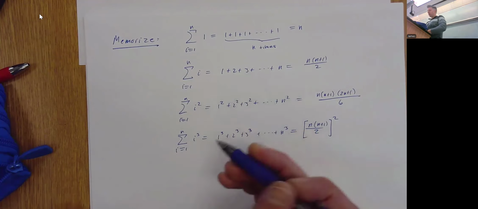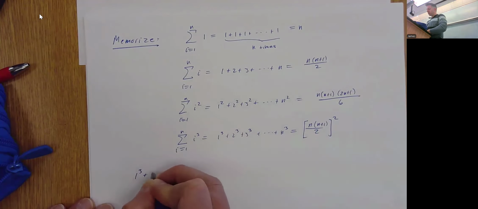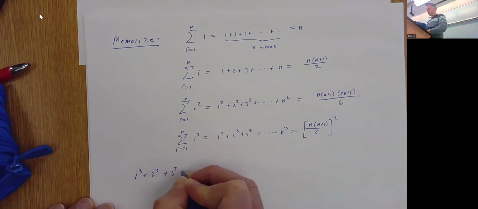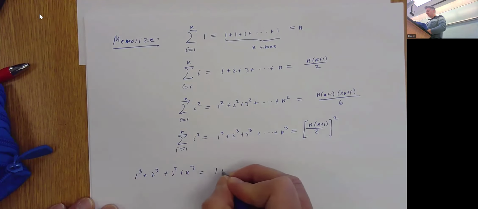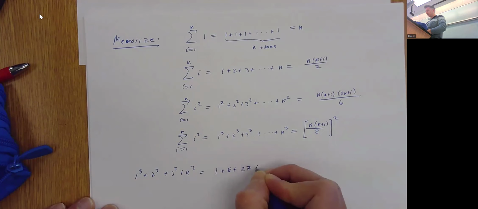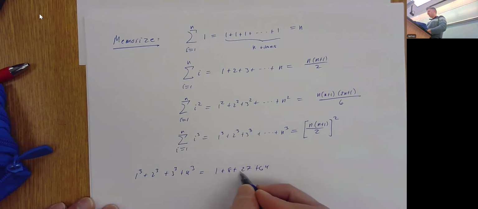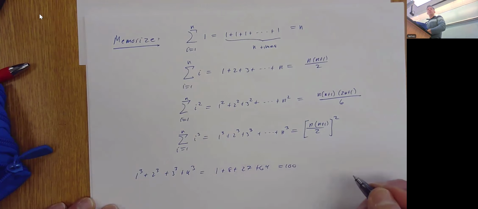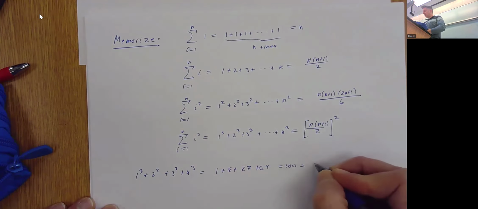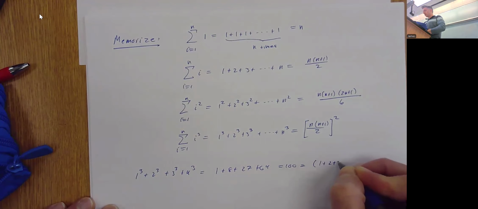Here's what I mean. If I was to find 1 cubed plus 2 cubed plus 3 cubed plus 4 cubed, that's going to be 1 plus 8 plus 27 plus 64, which is 9, plus 27 is 36, plus 64 is 100. But now check this out. It's the same as 1 plus 2 plus 3 plus 4, squared.